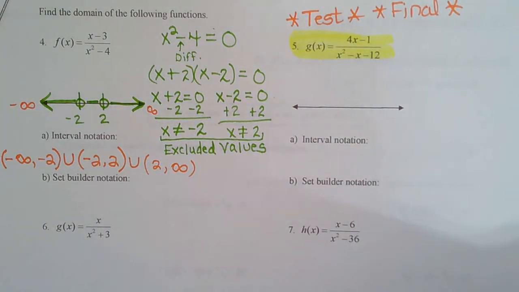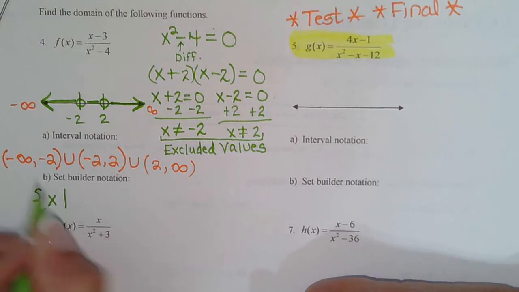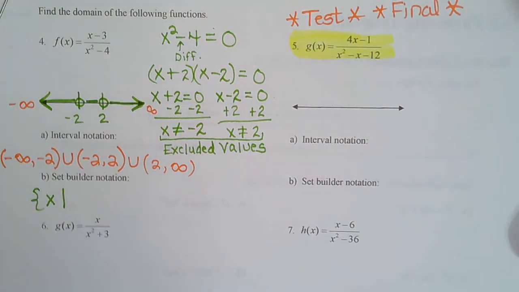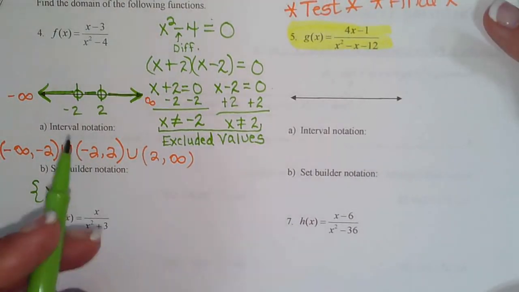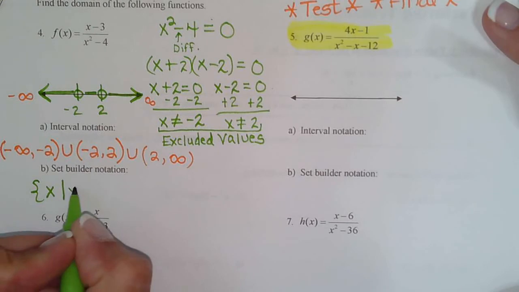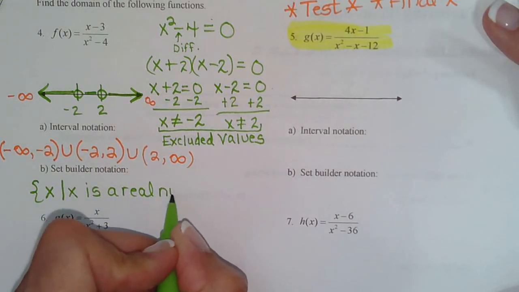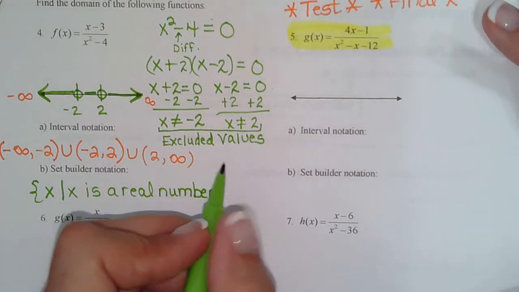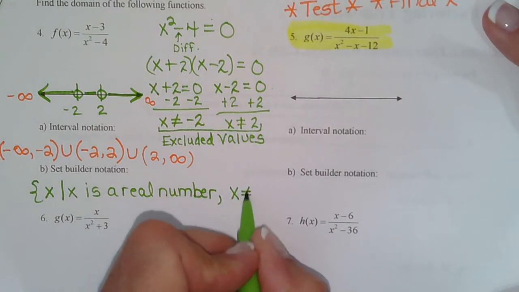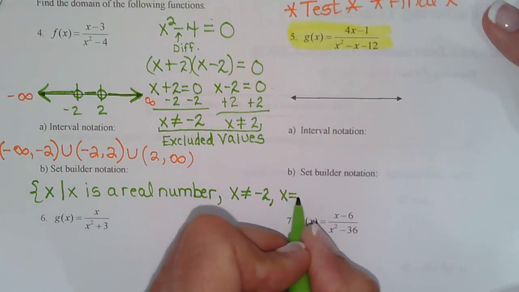Okay, on the other page, we learned for set builder notation, you write for all x such that, you use the letter that's given in the problem, for all x such that x is a real number, comma, x cannot equal -2, comma, x cannot equal 2.